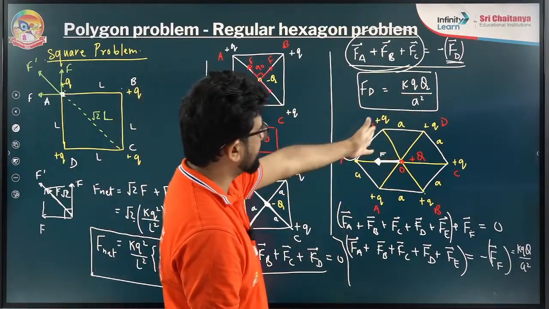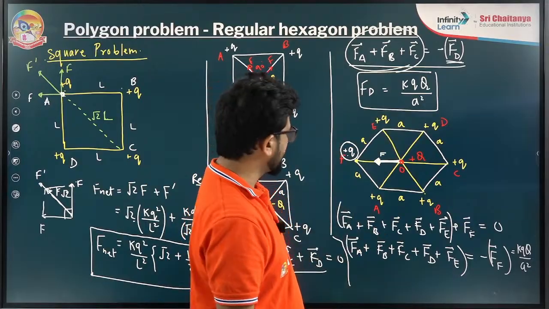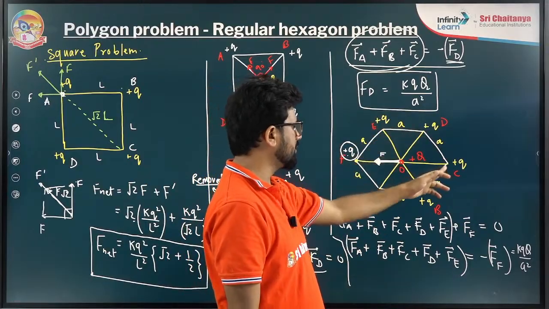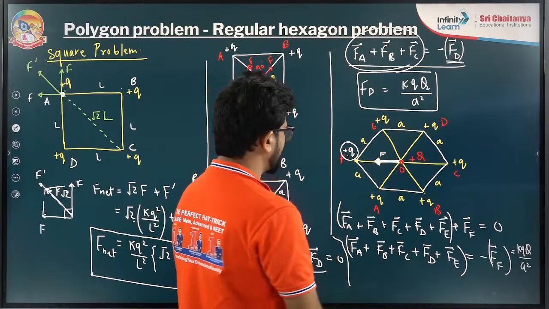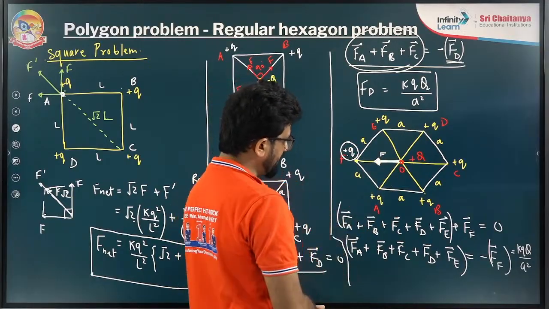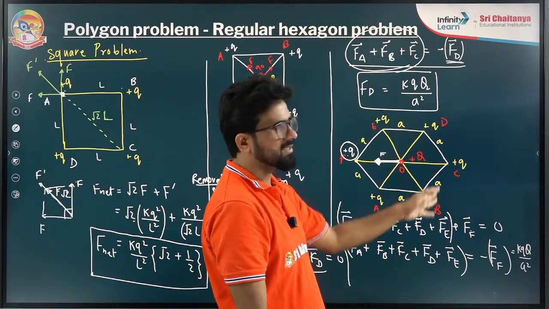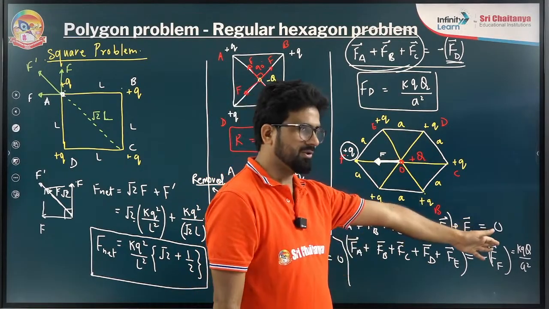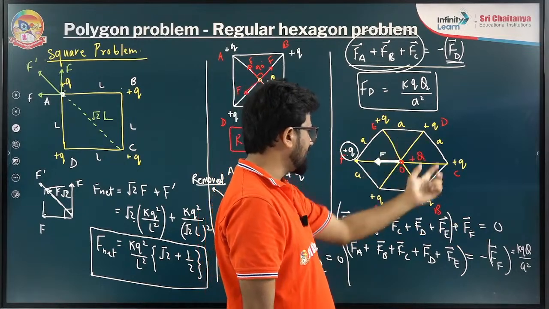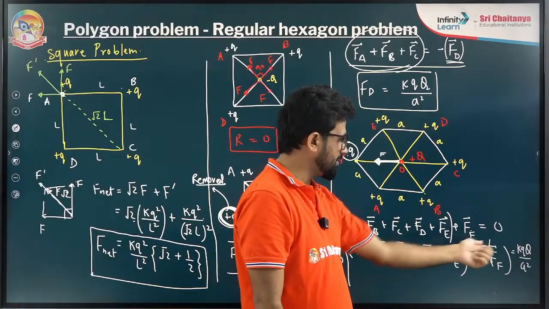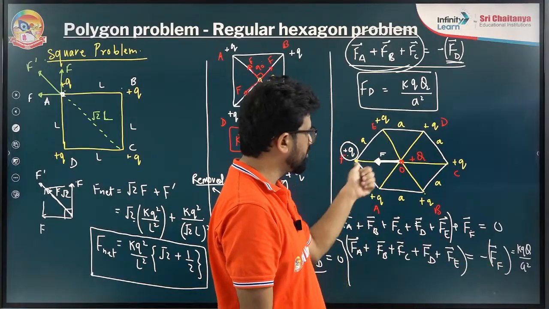Same thing we have done for the regular hexagon also. In the regular hexagon, this q is present, this is not present. We assumed it. That means this is the removed charge. If all 6 are present, the net force would be 0 at the center charge. But we want to calculate due to only 5 charges, then that is equal to minus of this sixth removed charge.